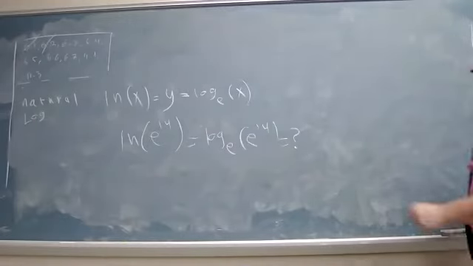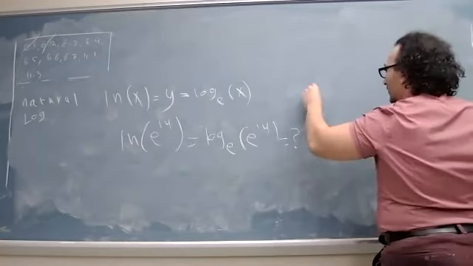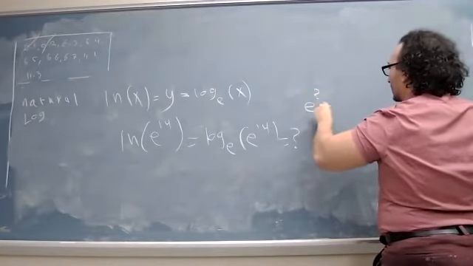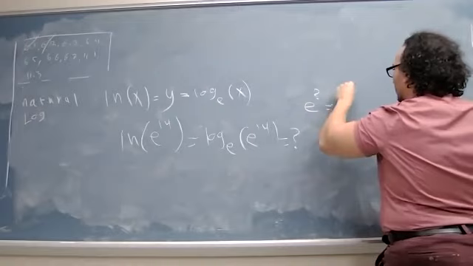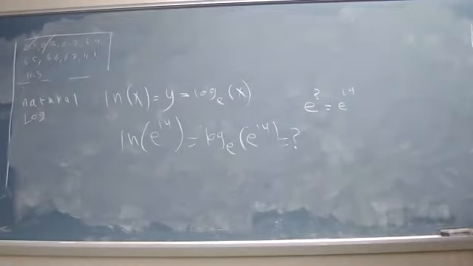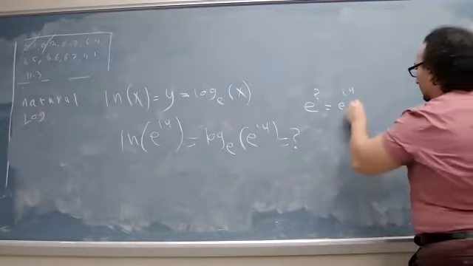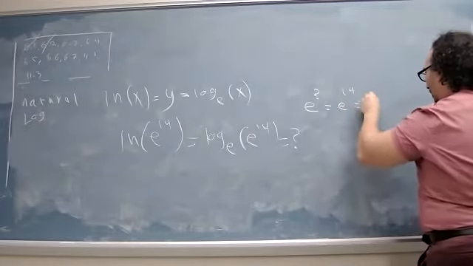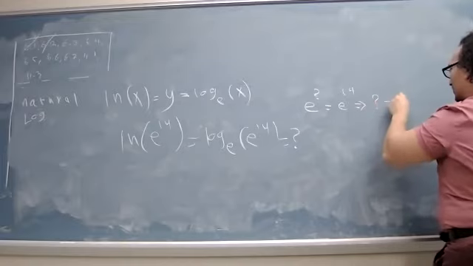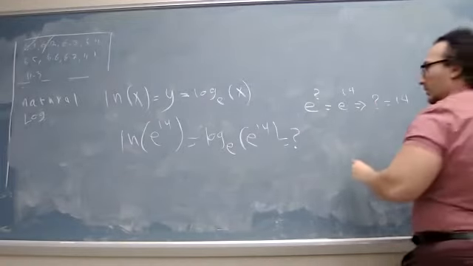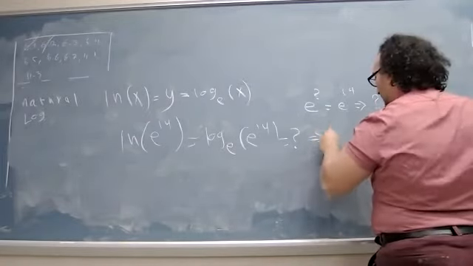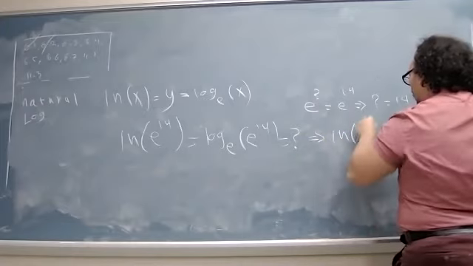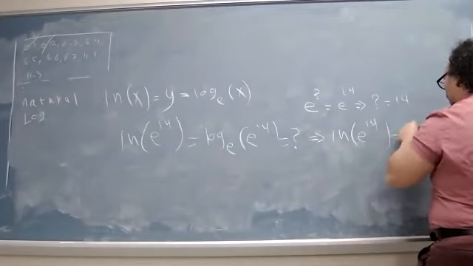Oh, but that's a question. It's saying e raised to what power is equal to e to the 14th? Clearly, that implies that our question mark is equal to 14. So that implies that the natural log of e to the 14 is equal to 14.